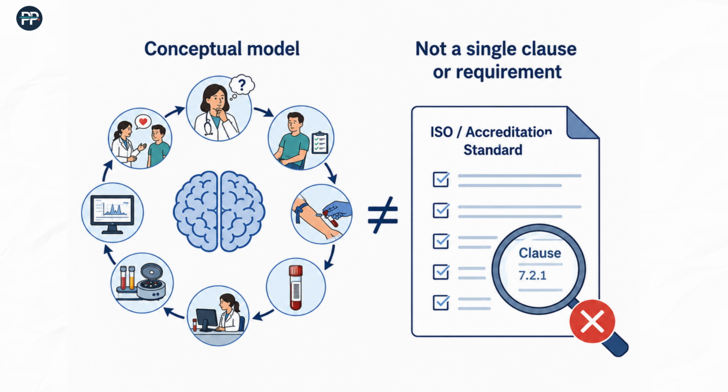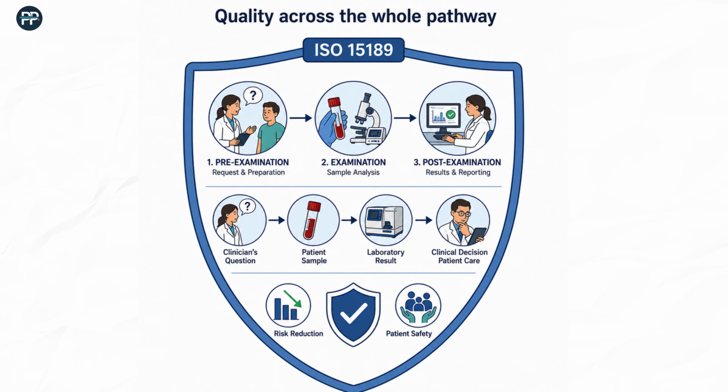The brain-to-brain loop is a conceptual model. It is not an ISO clause, and it is not a single accreditation requirement that laboratories are audited against word for word. However, modern laboratory quality standards are built around the same principle, protecting the integrity of the entire testing pathway.